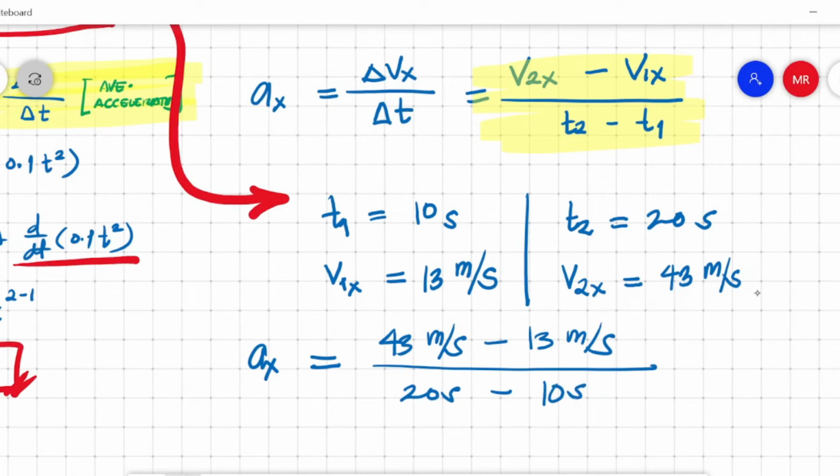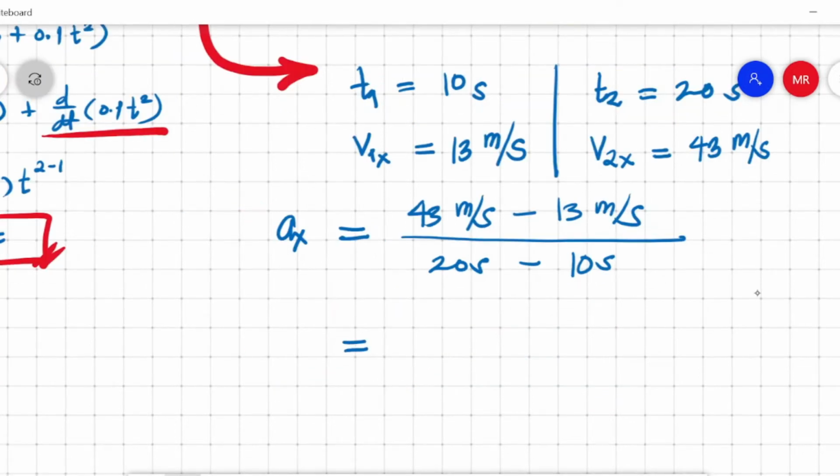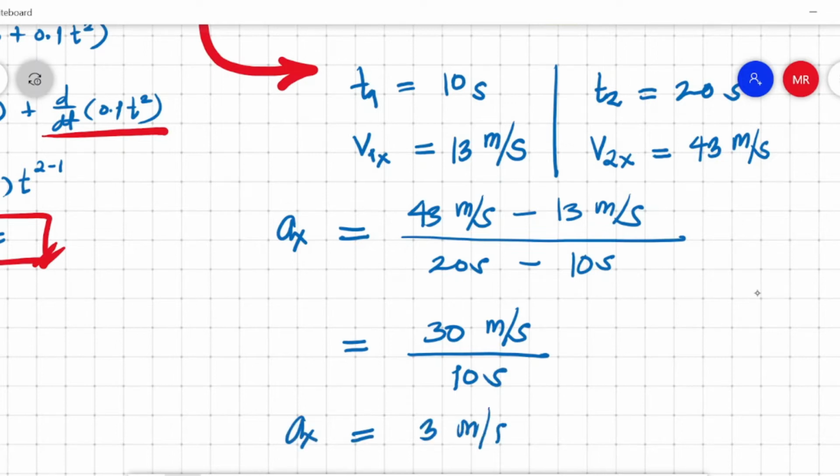So we'll have 43 minus 13 is 30 meters per second all over 20 minus 10 seconds. So the average acceleration is 3 meters per second squared.